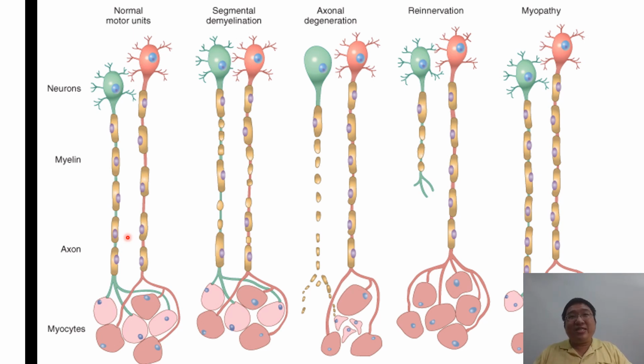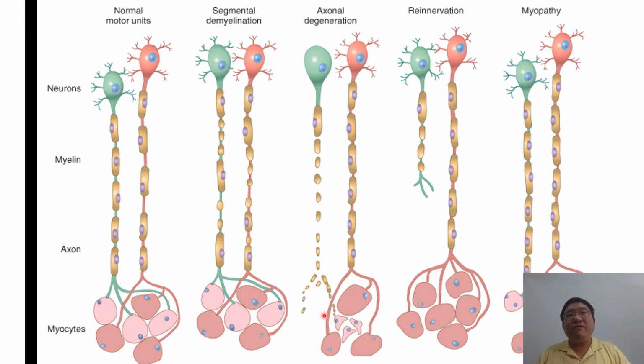Some diseases affect mainly the axon. So those diseases are called axonal degeneration. The axon is destroyed first, and then the myelin sheath will be degraded later. The result is denervation, atrophy of the affected motor unit.